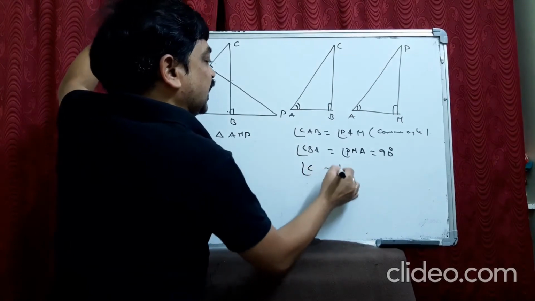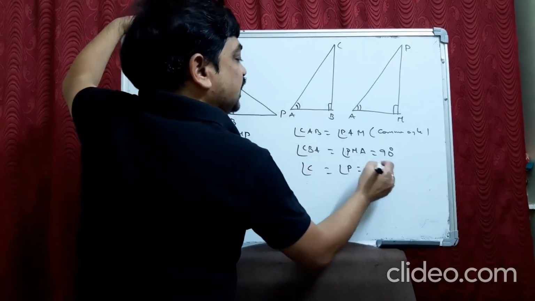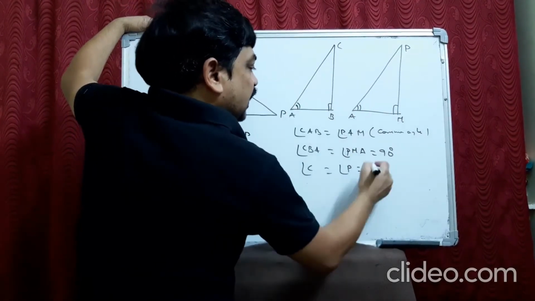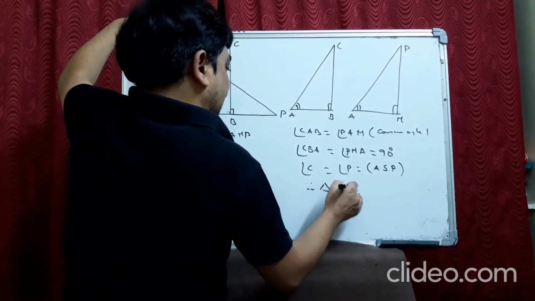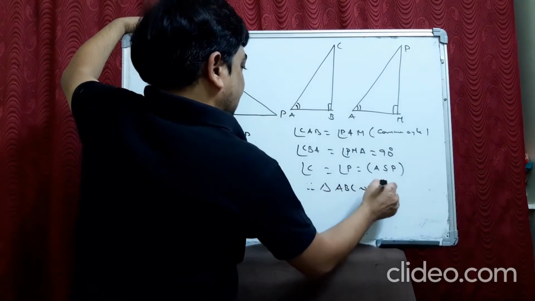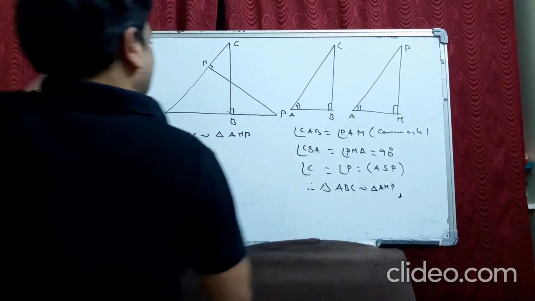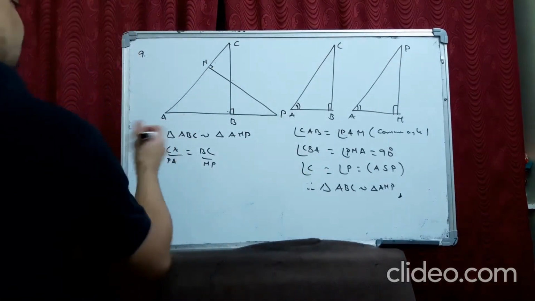Obviously the third angle C is equal to angle P, why? Because of angle sum property. Therefore, triangle ABC is similar to triangle AMP.